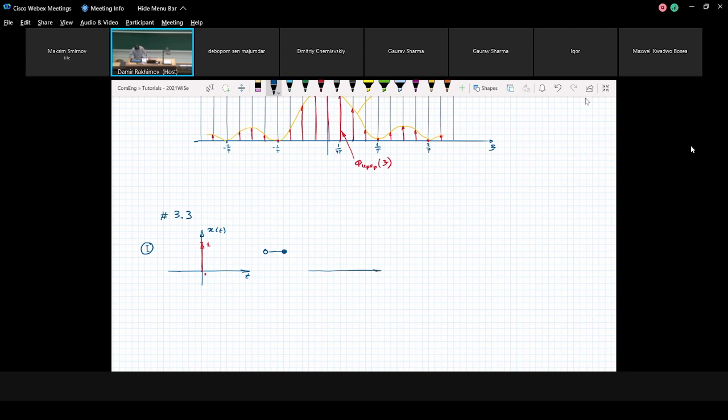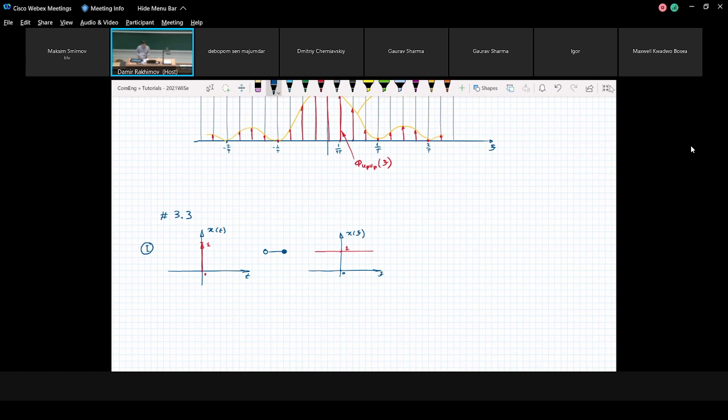We show how X of f will look. You remember that the Fourier transform of a delta pulse will be constant, with amplitude equal to 1, or equal to the magnitude of the original delta pulse. Now we are in the frequency domain.